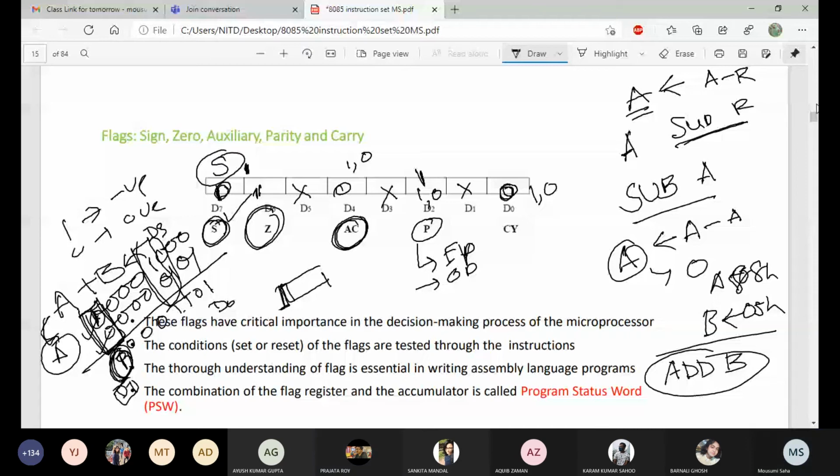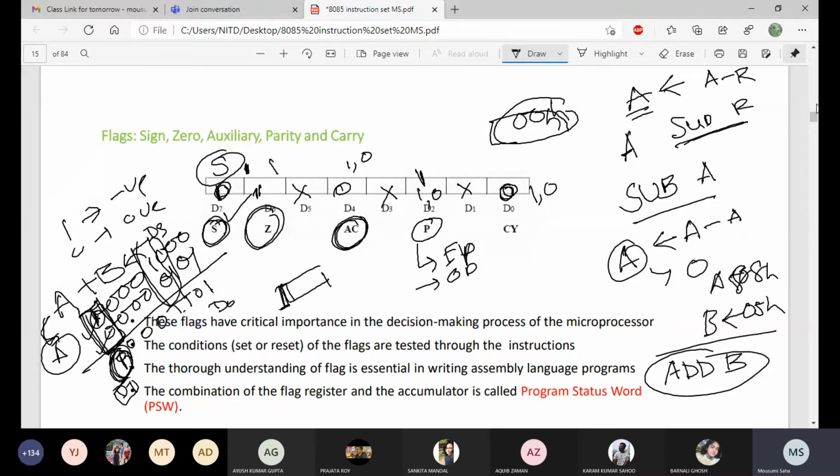And Z? Z is for 0. Whenever your result is 0, that means 00H, because I have considered 8 bit. So hexadecimal number 00 means that 8 bit binary number. After any operation, whether it may be addition, subtraction, XOR, OR, AND, whatever the operation, after the operation if your result is 0, at that moment the Z flag will be 1.